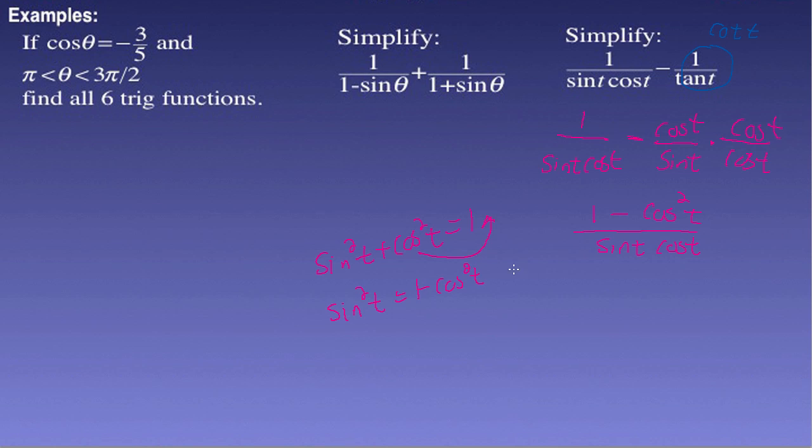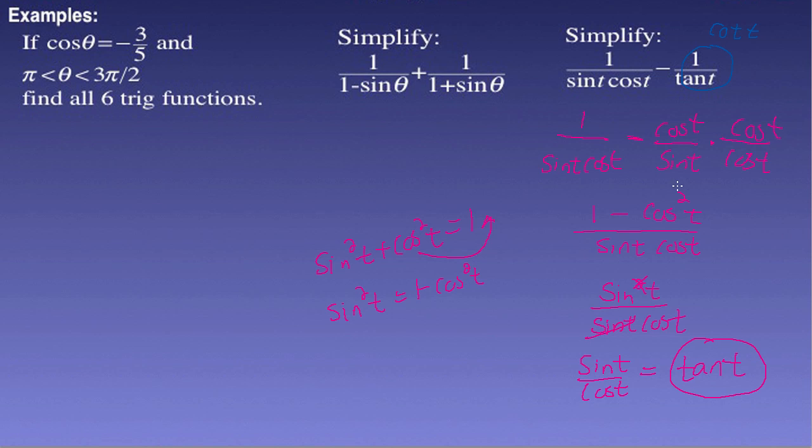So 1 minus cosine squared t is the same thing as sine squared t. I have sine squared in the top and sine in the bottom. One sine in the bottom is going to cancel with one of the sines in the top, and I'm left with sine t over cosine t. But sine t over cosine t is the same thing as tangent t. So there's the final answer.